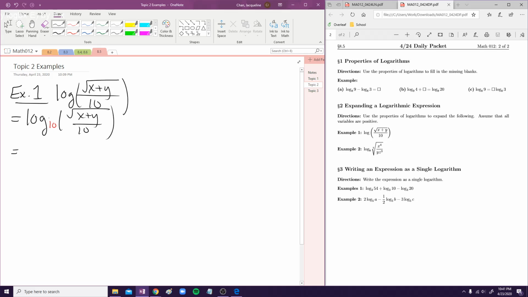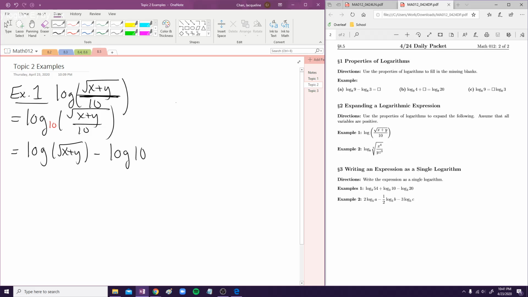When I do this, the first thing I notice is this big dividing sign. So what am I going to do? I'm going to use the quotient property of logarithms. So I'm going to make this log of the square root of x plus y, minus log of 10.